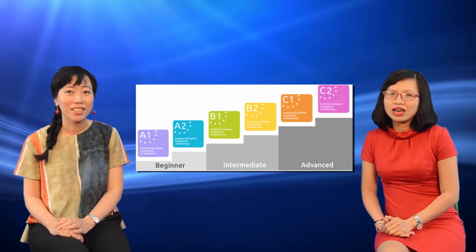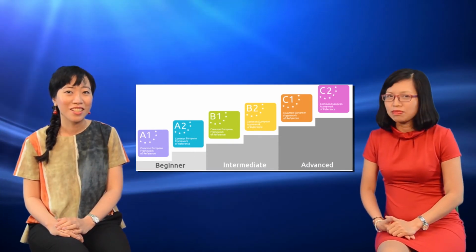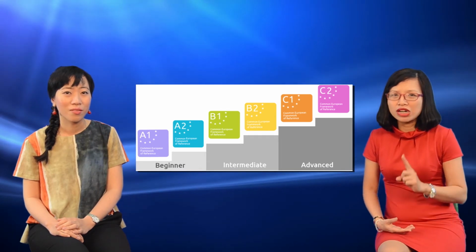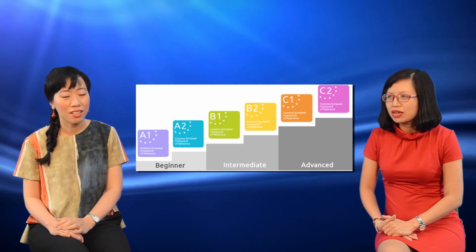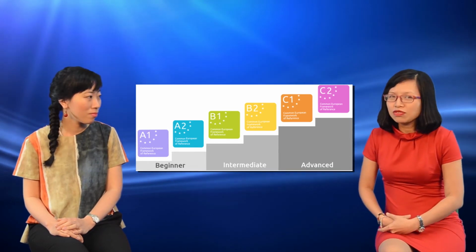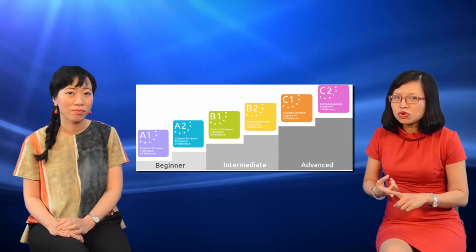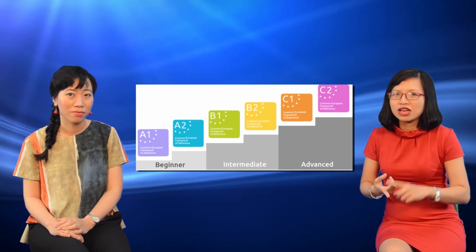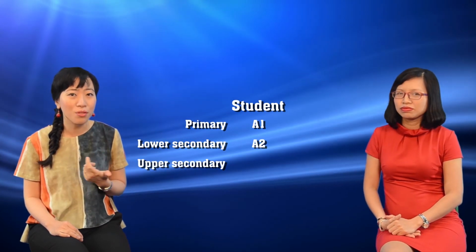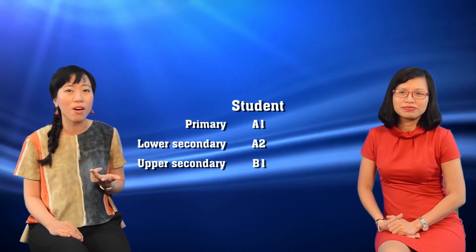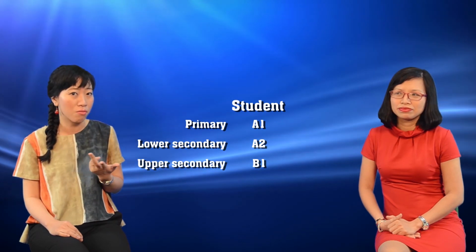Yes. The KNLNN is the same, but it uses numbers from 1 to 6 instead of the labels A, B, and C. Right. Do you know what level is required for primary school, lower secondary and upper secondary school students? Yes, I know. A1 for primary, A2 for lower secondary, and B1 for upper secondary students, right?